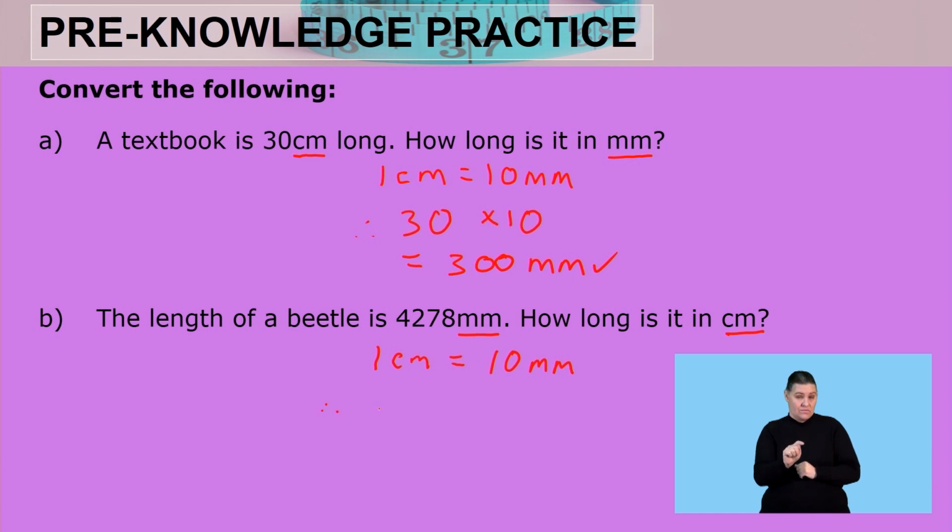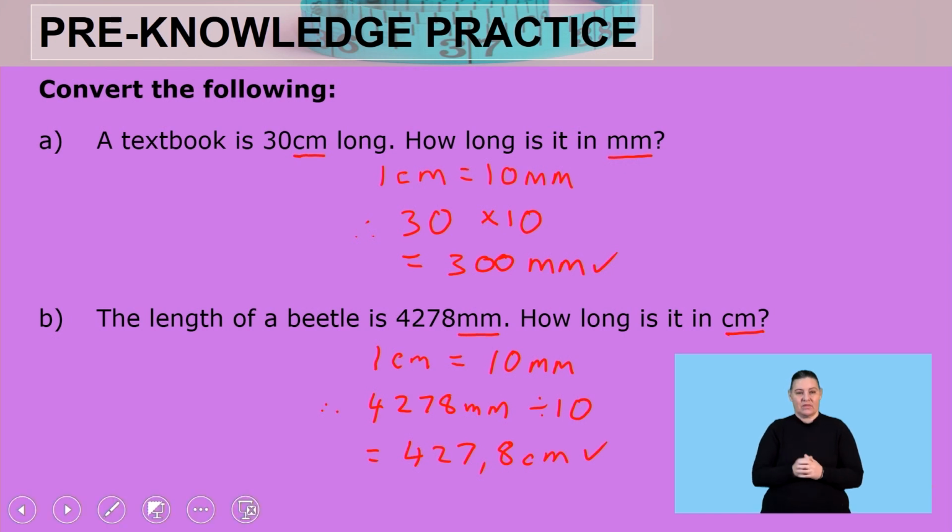Therefore, 4,278 millimeters divided by 10 gives me 427,8 centimeters. Use a calculator there if you want to. We get the answer. Right, nice work.